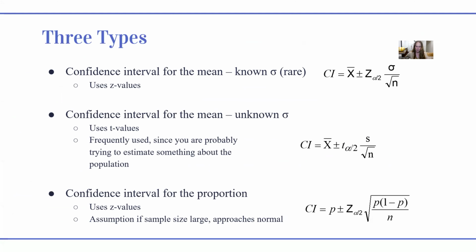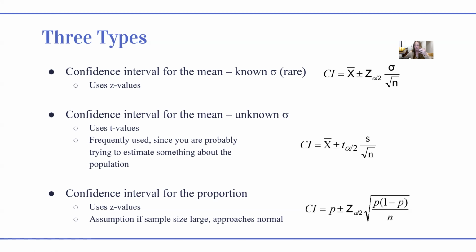The second situation for the confidence interval is when you don't know the standard deviation of the population. That is by far the most common, right? If you have a sample of voters, say you're surveying 2,000 voters, are you going to vote for Kennedy or Nixon or whomever?